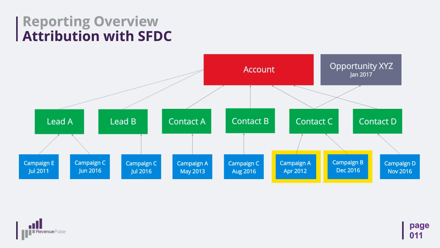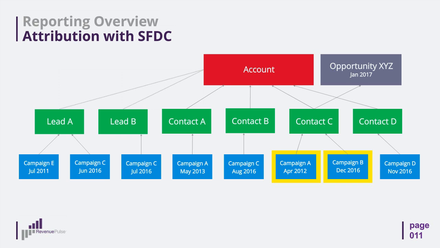So you can see here that contact C is tied to opportunity XYZ that was generated in January 2017, and that we're giving influence to both of those campaigns. Most clients will always use last touch, which is 100% of credit to the last touch, which would mean that we would only have campaign B highlighted.